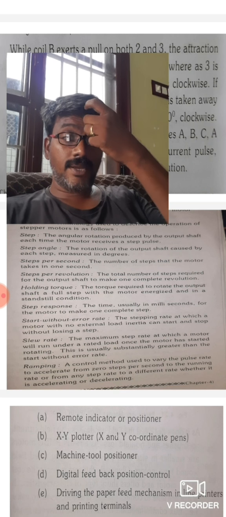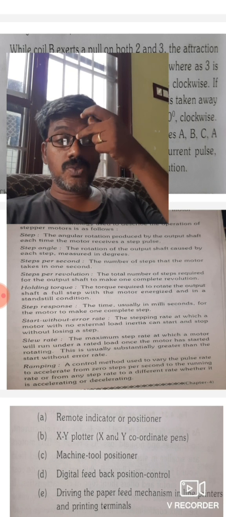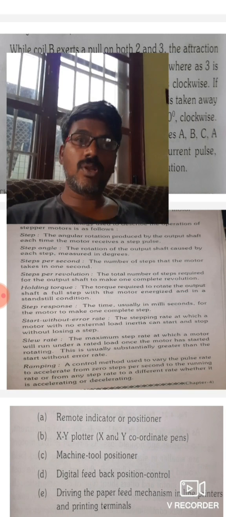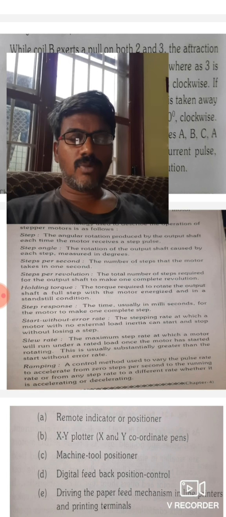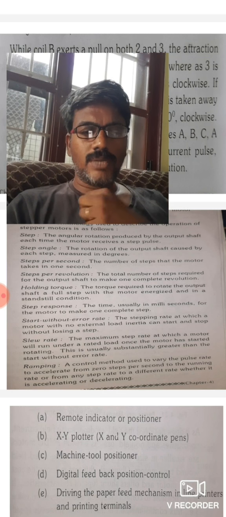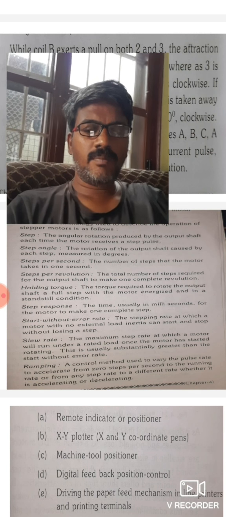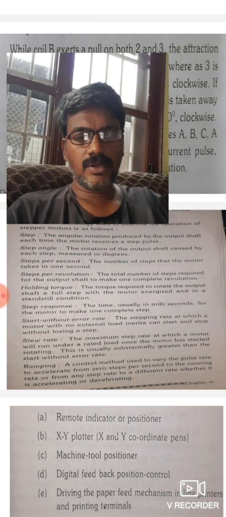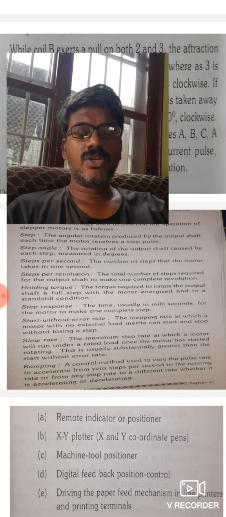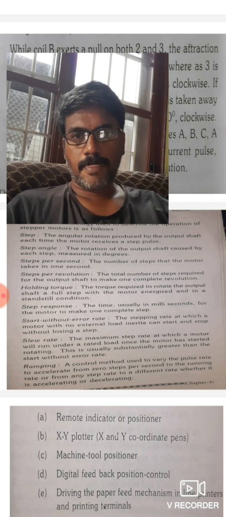Depending upon the design and usage, the power pulses may consist of current pulses of the same polarity or opposite polarity. There are two important control terminals: the number of pulses, which determines the angle of rotation, and the direction of data, which determines the order in which poles are excited.